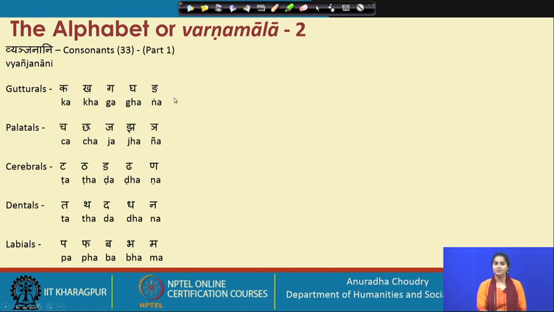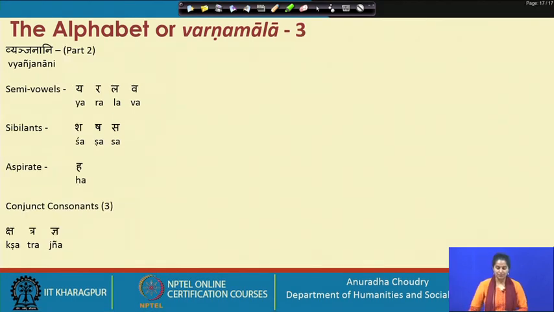We have the palatals or the talavyas, which are ch, chh, j, jh, nya. Then we have the cerebrals, which are the t, th, d, dh, n. And then we have the dentals, which are the t, th, d, dh, n, also the dantyas. And then the labials or the ostias, which are the p, ph, b, bh, m.